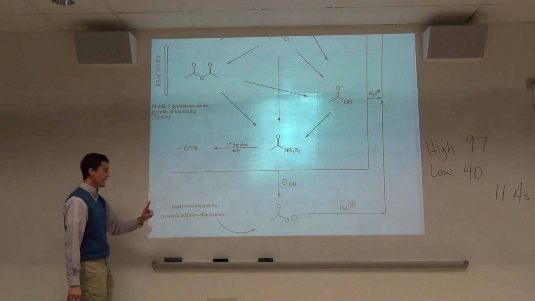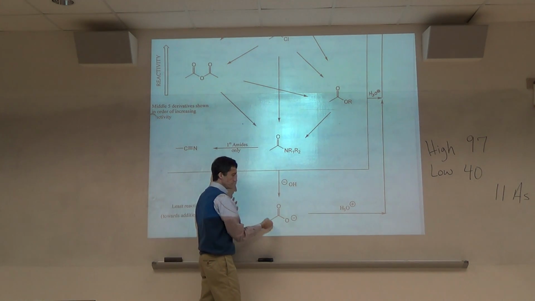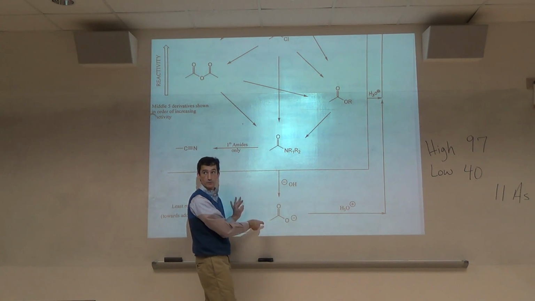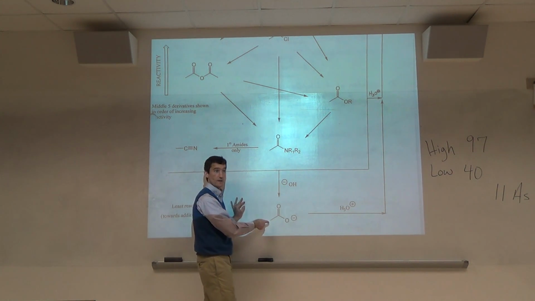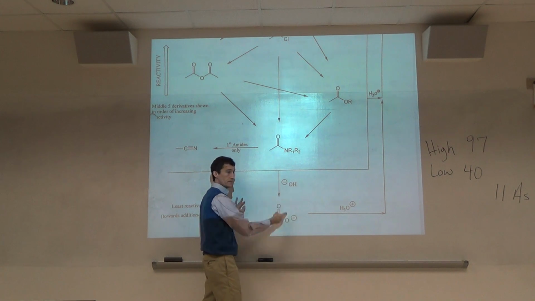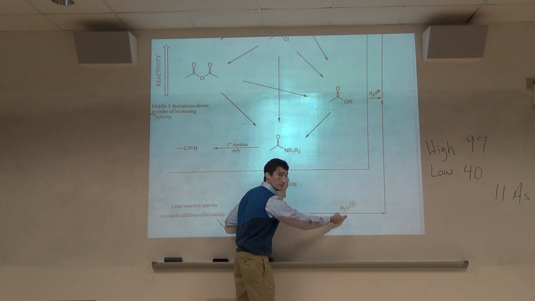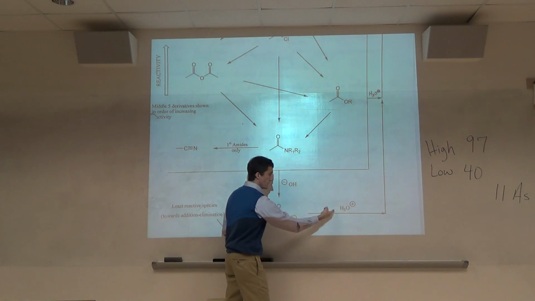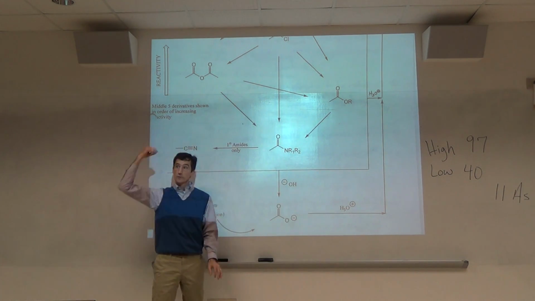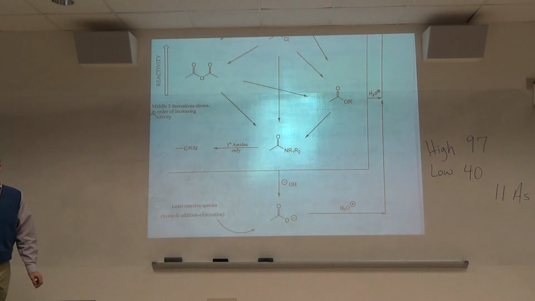Now when you do aqueous base, your carboxylic acid is going to be in the basic form. Basic condition. How do you put the proton on? Well, you got to throw in some acid to put the proton on. When you throw in the proton, you get back to your neutral carboxylic acid up top. Okay?